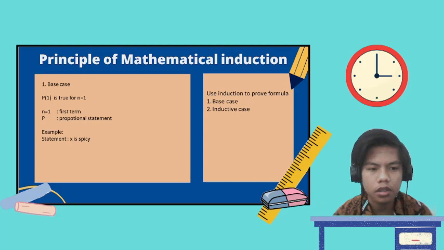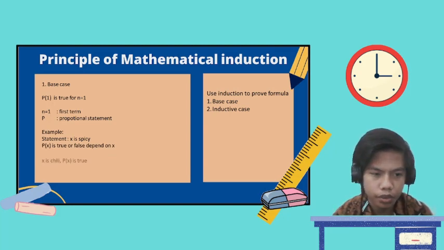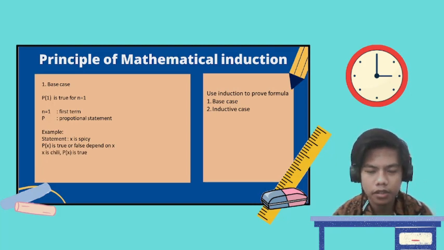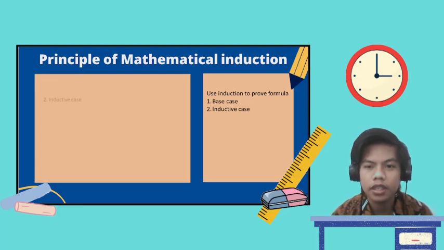For example, the statement is X is spicy, and P(x) is true or false depending on X. So, if X is chili, P(x) is true, and if X is chocolate, P(x) is false. And the second is the inductive case.